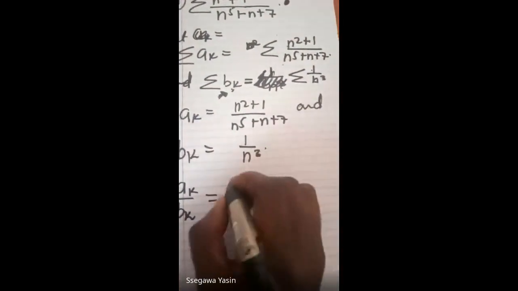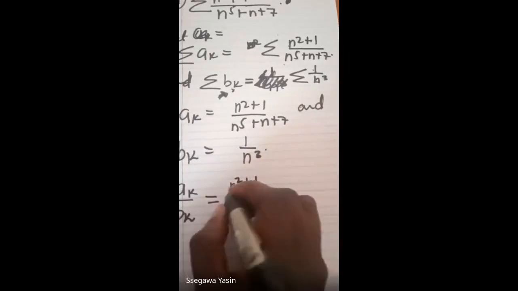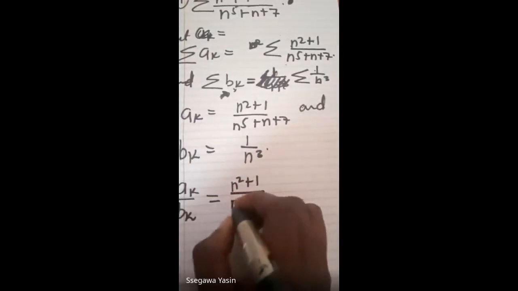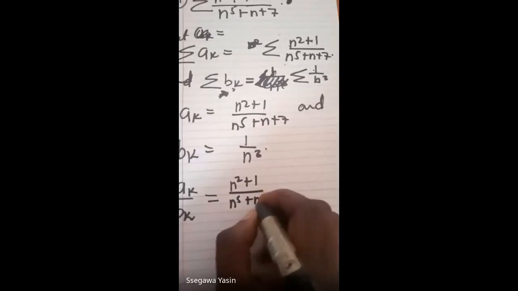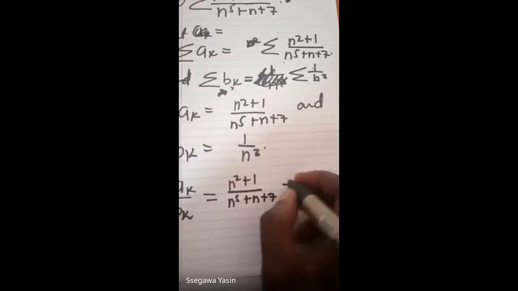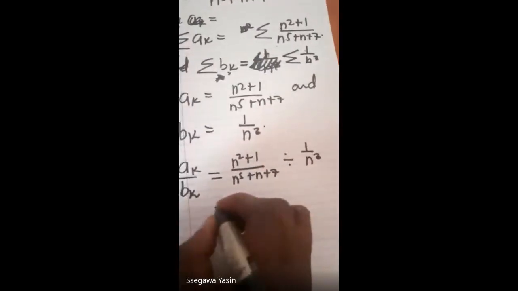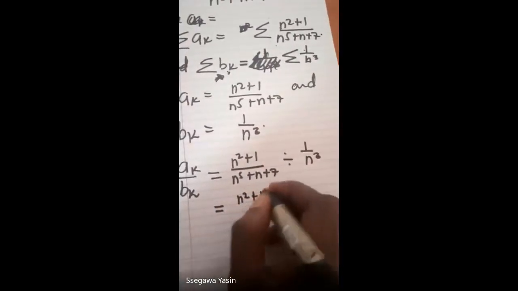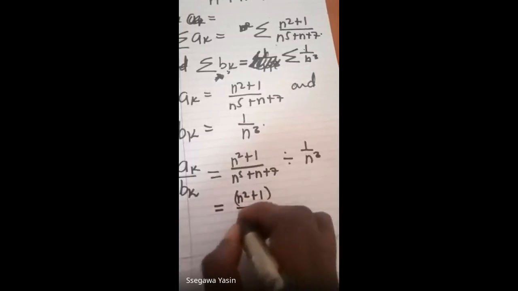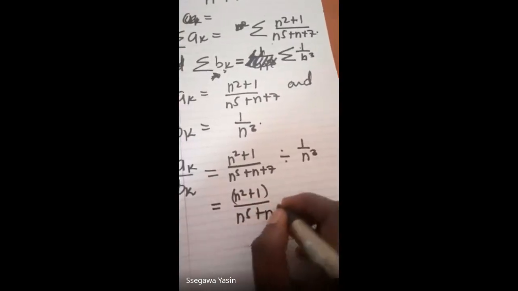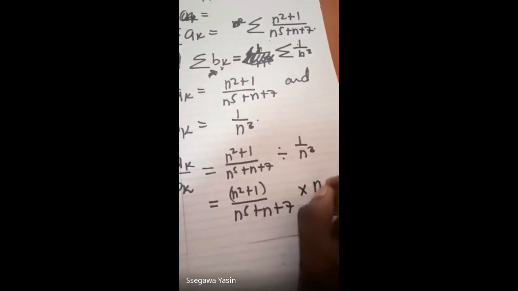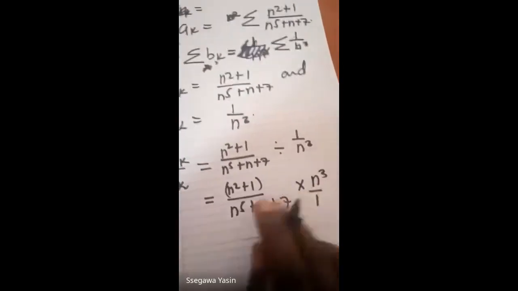So here we have n squared plus 1 over n to the 5 plus n plus 7, divided by 1 over n cubed. This is equal to n squared plus 1 over n to the 5 plus n plus 7, times n cubed over 1. Now this one here is going to affect up.